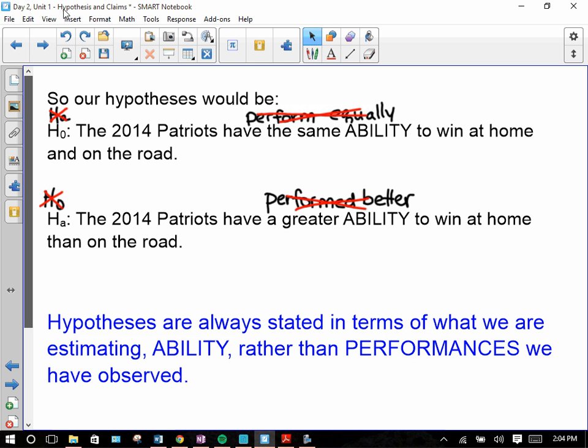Okay? H sub 0, the null hypothesis. The null hypothesis should say something about the same ability. If it doesn't, then that's not right.